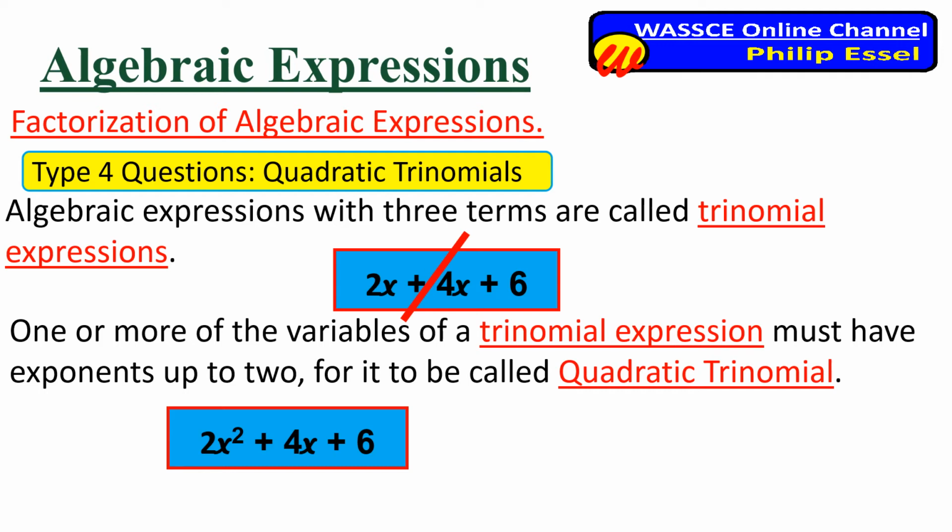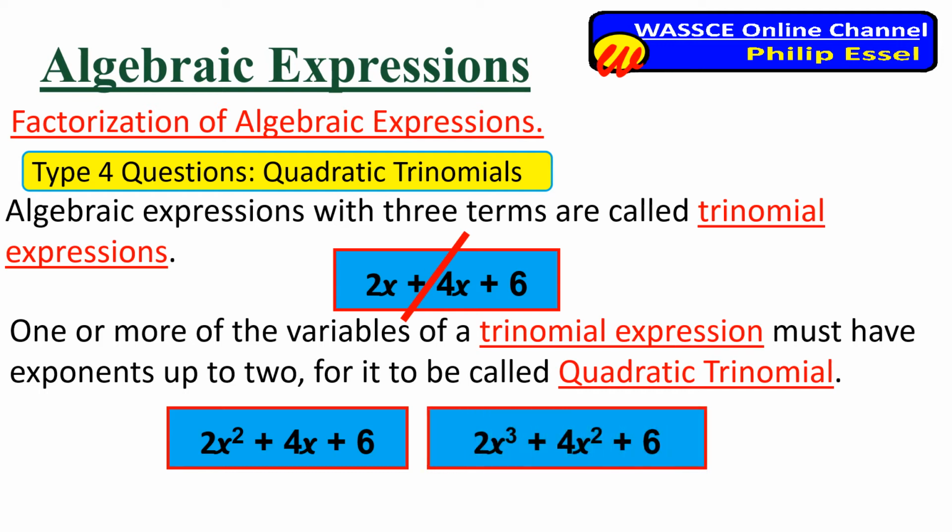Now let's look at another trinomial expression. 2x cubed plus 4x squared plus 6. In this expression, one of the variables, the x, has exponent of 2. The other x has exponent of 3.